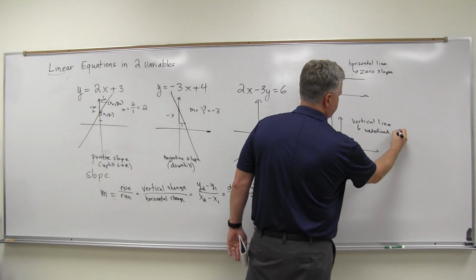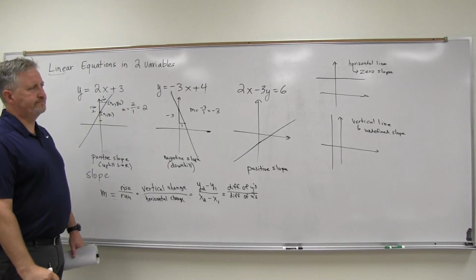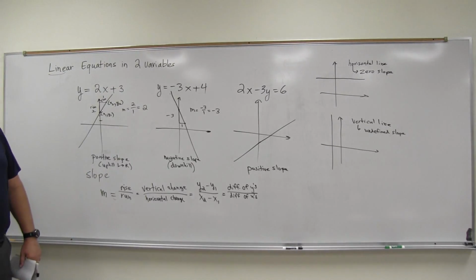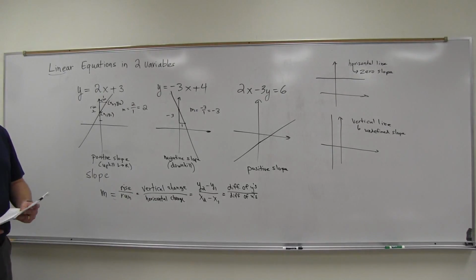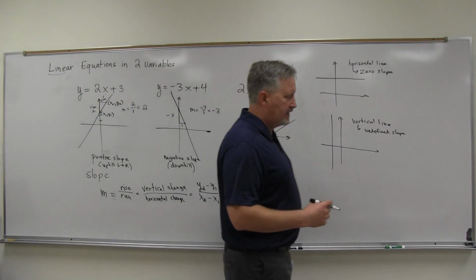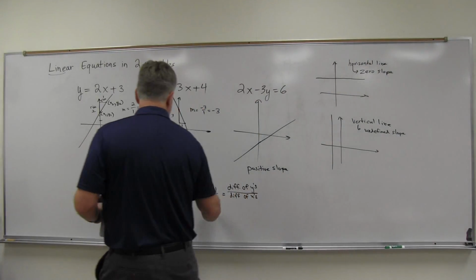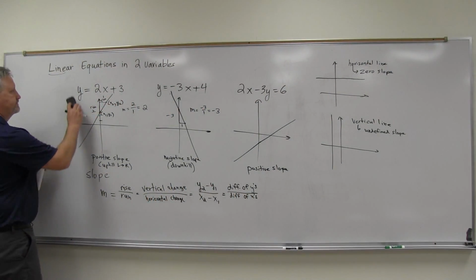Different reasons for that. We'll go into that later on, but just be aware of that. Any other thoughts or concerns on that? All right, so it is important here that we will use this slope formula, let's call it.